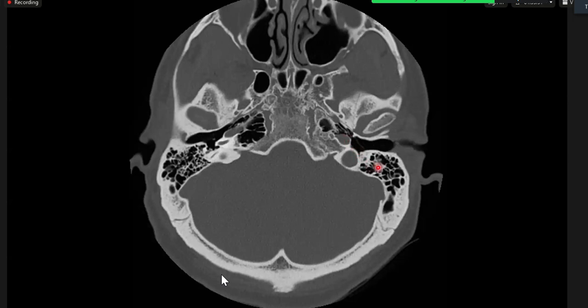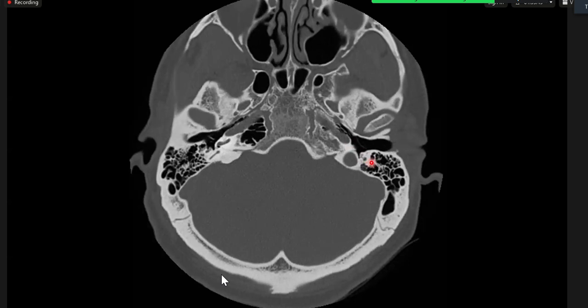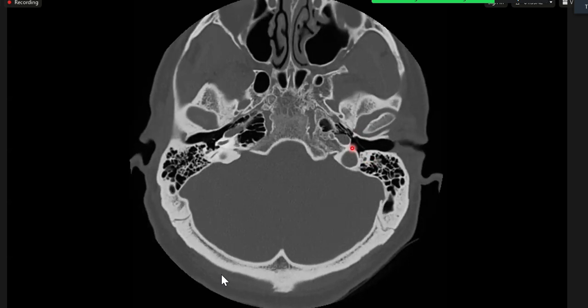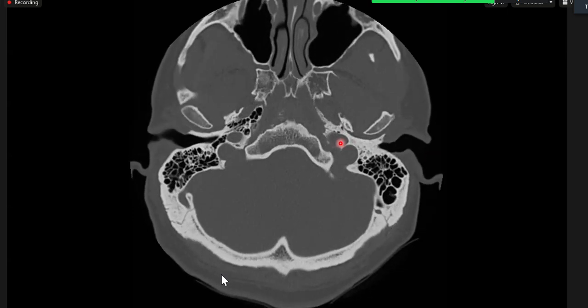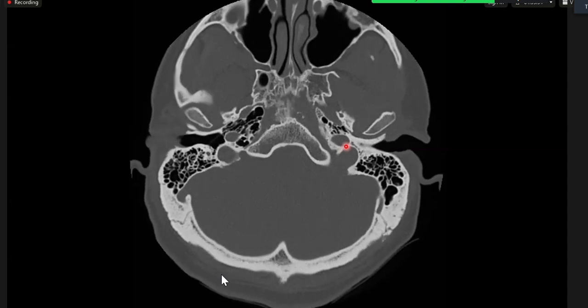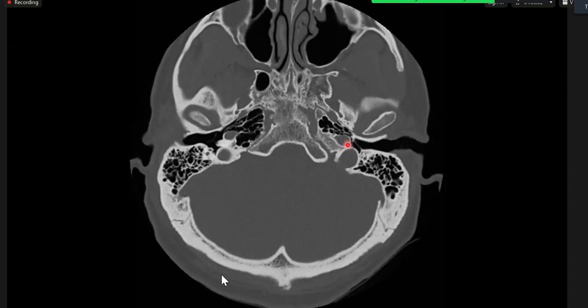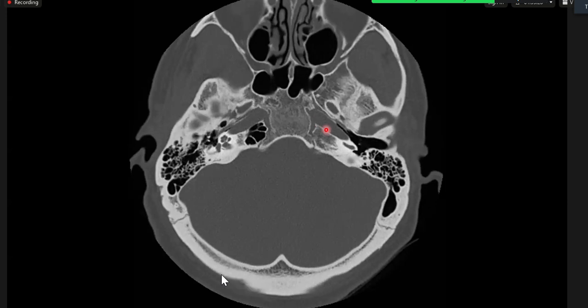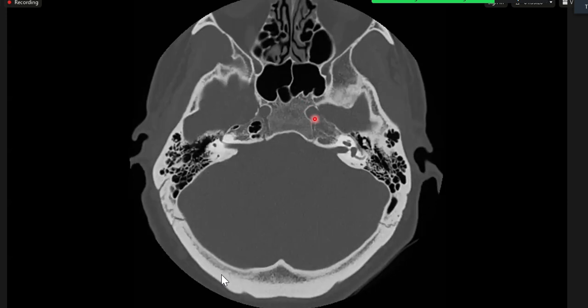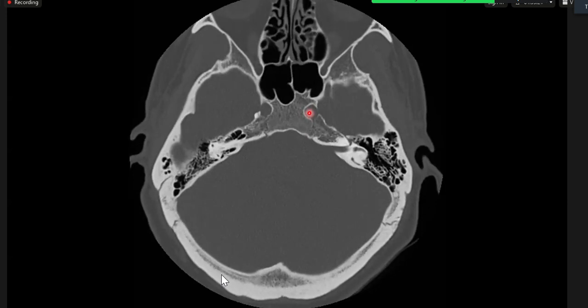Maybe it is projecting for you or not, but if you change your window, you can easily see it. Anterior to that is the carotid canal, the vertical portion, then the horizontal portion, and then of course here is the cavernous portion where I am pointing.